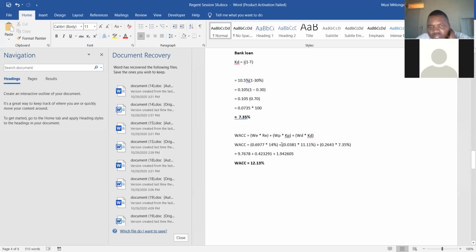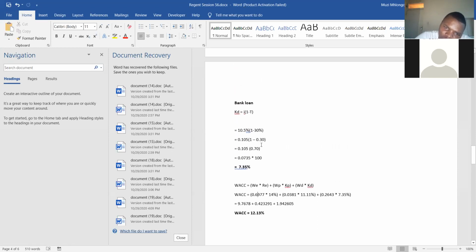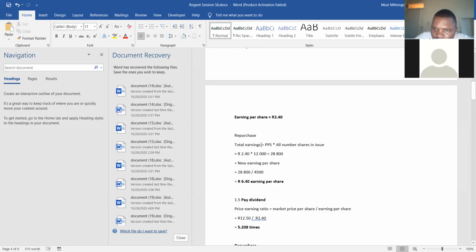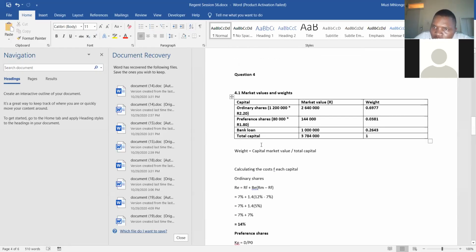Don't be confused. Remember earlier on, we calculated the weight of those forms of capital. What you need to do, so that it can make sense to everyone, let's see. This 6.977 is for ordinary shares.